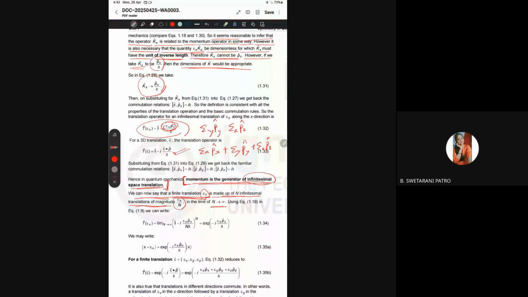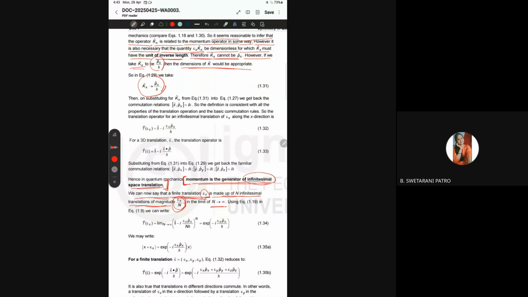Number of infinitesimal translations, we can divide it. And each step of that finite translation will be equal to epsilon x by n, where n goes to infinity. If we substitute that in equation 1.32, we have equation 1.32 over here.